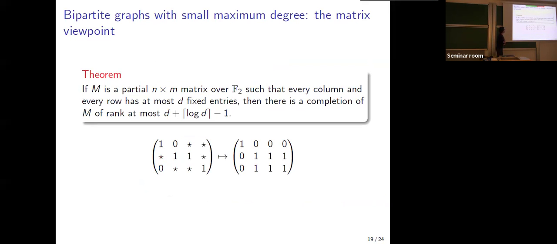Okay, so now I would like to show you another formulation of this result in terms of partial matrices and completion of partial matrices. Actually, your bipartite graph, you can represent it as a partial matrix. The rows correspond to vertices in A, the columns to vertices in B. And now the cell ij is a star if there is no edge between the vertex i and the vertex j.